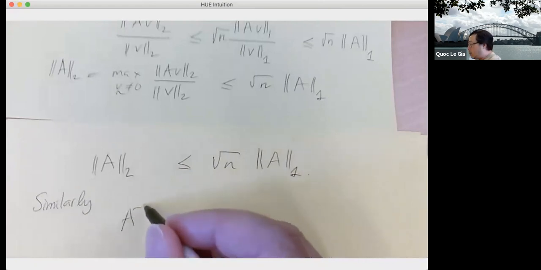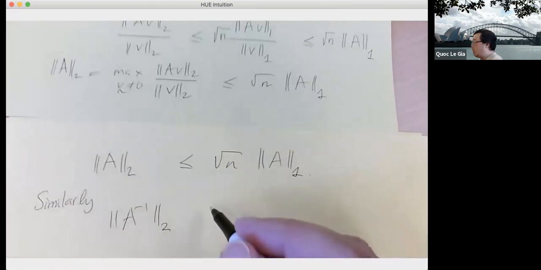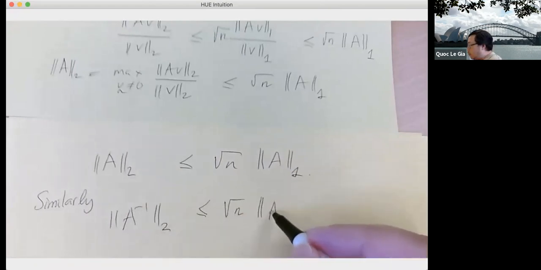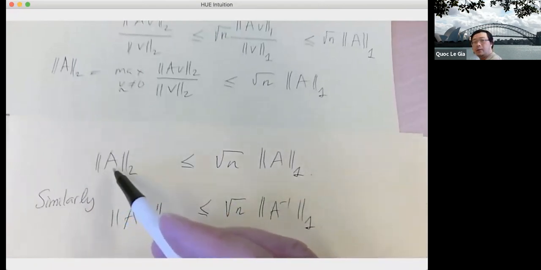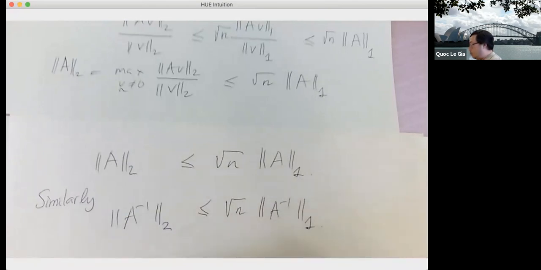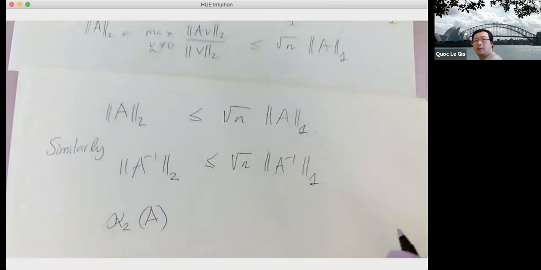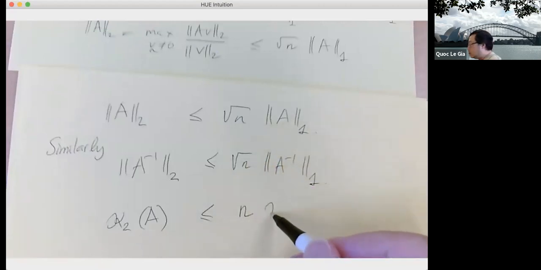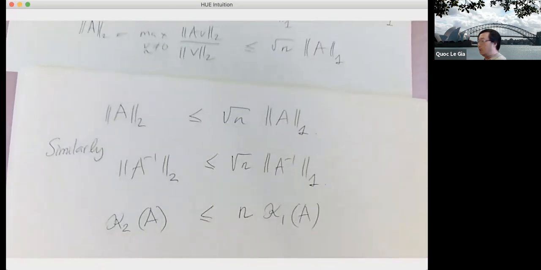If you replace A by A inverse, exactly the same arguments can be applied, and you get the 2 norm of A inverse less than or equal to square root n times A inverse in the 1 norm. Now you multiply them together. The product becomes the condition number in the 2 norm of the matrix A, less than or equal to square root n times square root n, which is n, times the condition number in the 1 norm of the matrix A. So we proved one inequality.